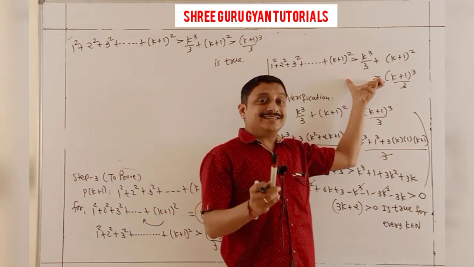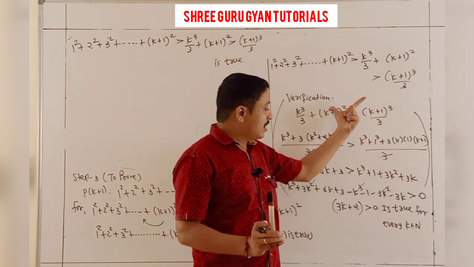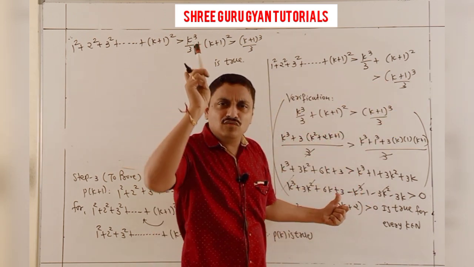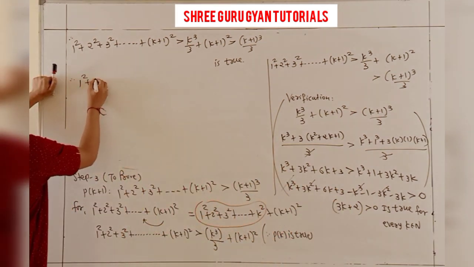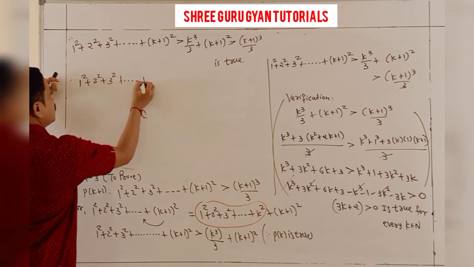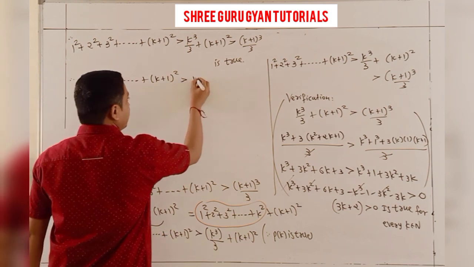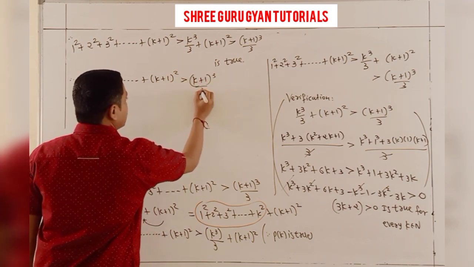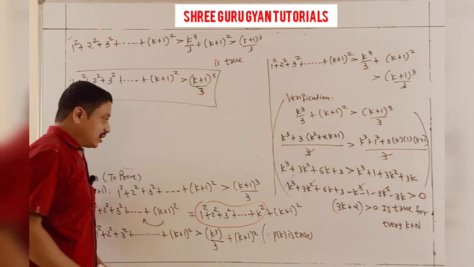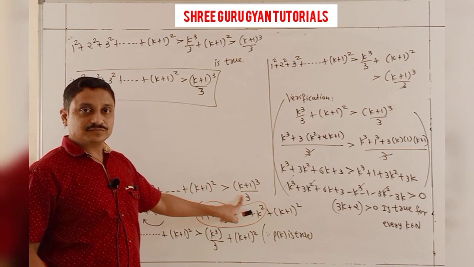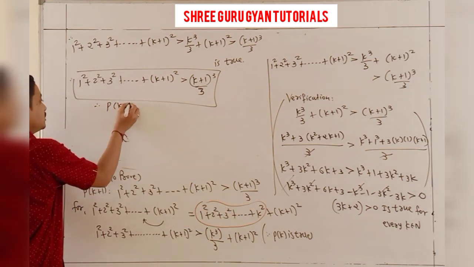Actually here it was not yet true, I just wrote it down because I have proved that. But now after this condition we can confidently say it is true. So I write this full value again: k plus 1 whole square is greater than k plus 1 whole cube by 3. And students, this is your final step. We conclude this way. Therefore, P of k plus 1 is true.